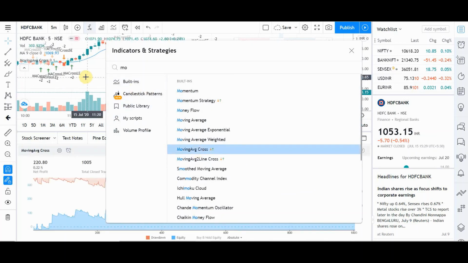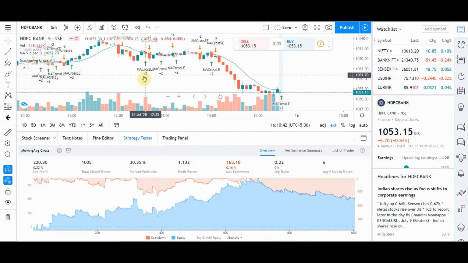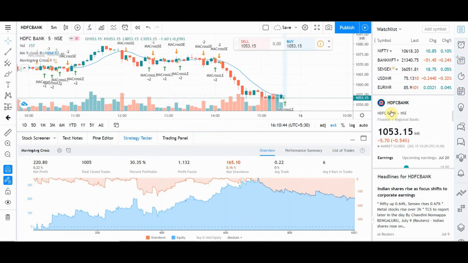If I take this moving average cross, a table will be formed like this, where you will see arrows and all, and here you will be able to see the net profit. Net profit means how the strategy was working during these trading hours. It backtests the strategy itself and gives the result.